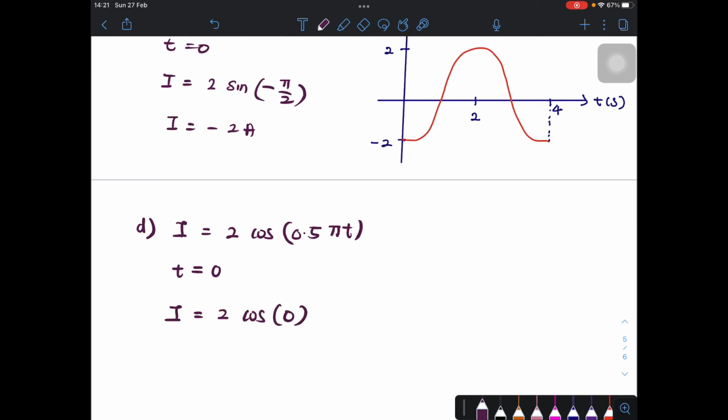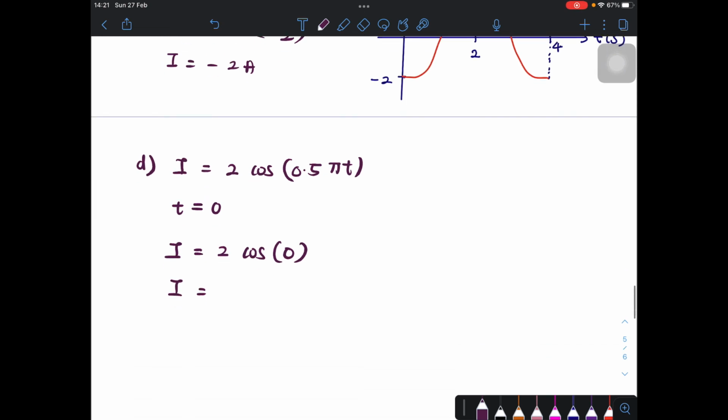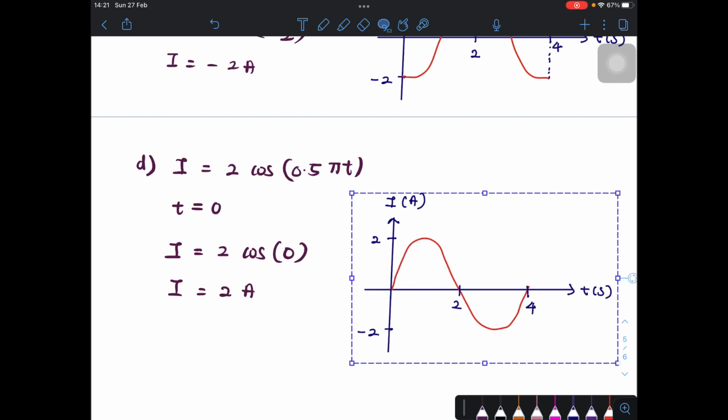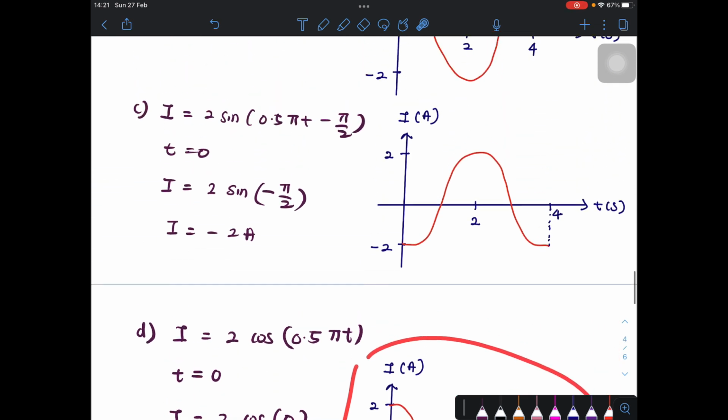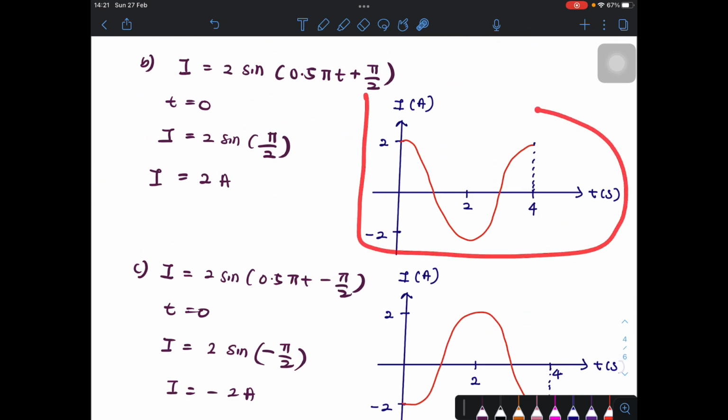So apabila kita substitute value untuk t, you just tekan calculator, 2 cos kosong akan sama dengan 2 ampere. So maksudnya our graph will start from 2. So when our graph starts from 2, so kita akan dapat macam itulah. 4 second, 2 second.